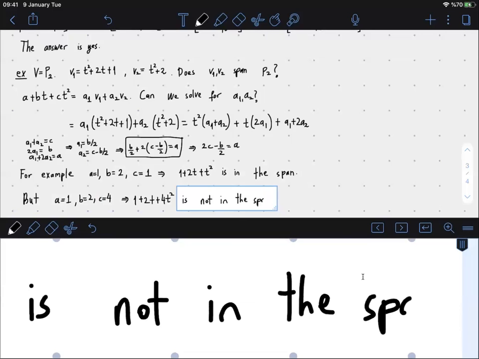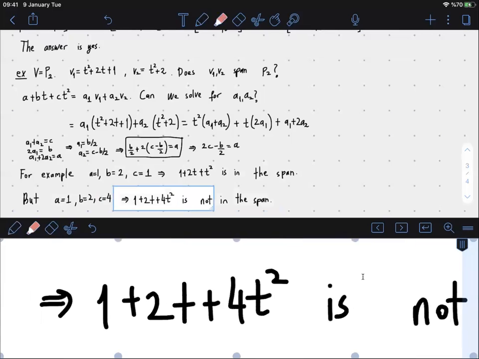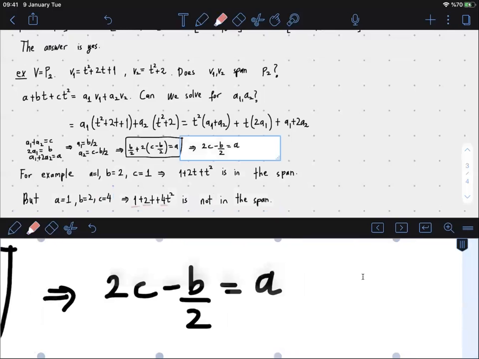Why is it not in the span? Because for these coefficients this equation is not satisfied: 2c is 8, b over 2 is 1, so this is 7, and 7 is not 1.